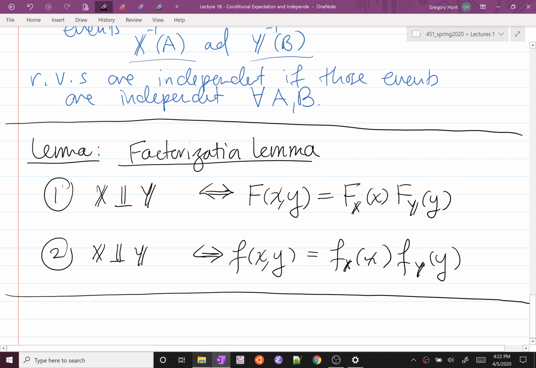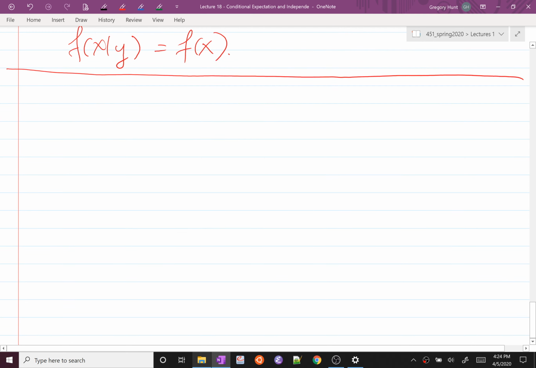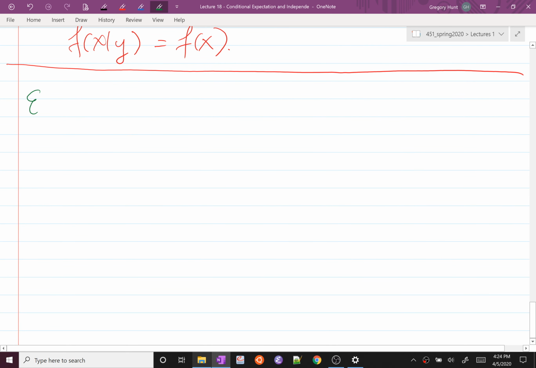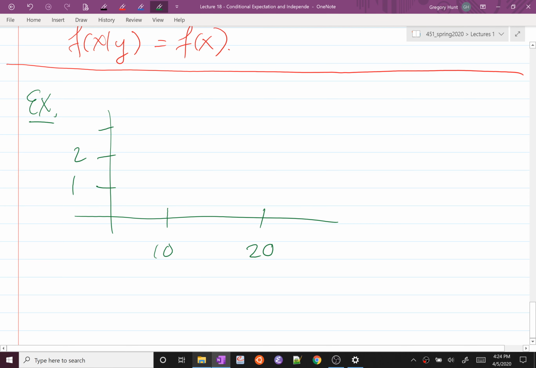Okay, so let's look at an example of checking independence. It's going to be a discrete problem. So I'm just going to write out the joint PMF. x can take on values of 10 or 20, and y can take on values of 1, 2, or 3.